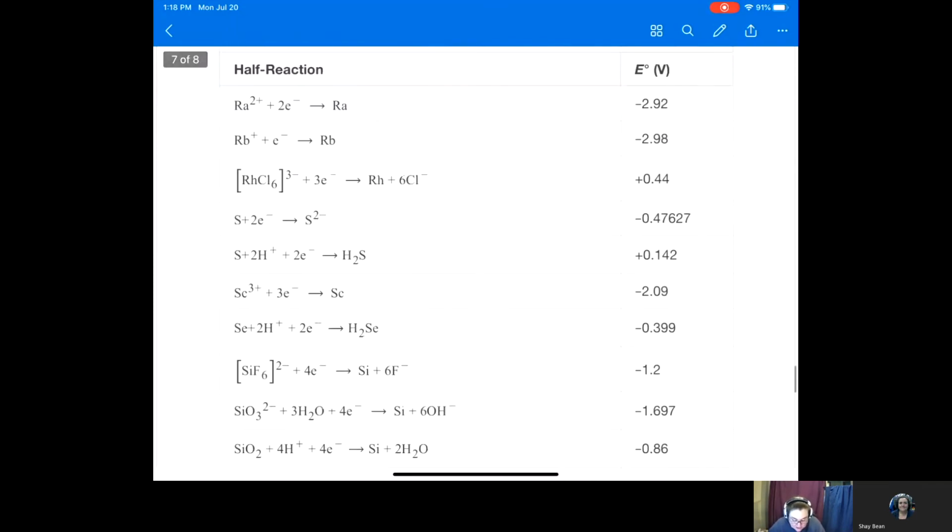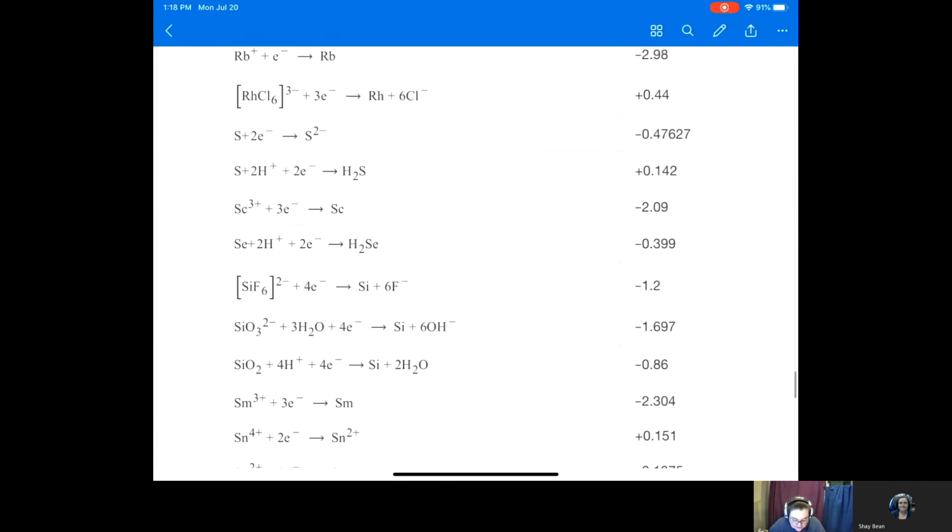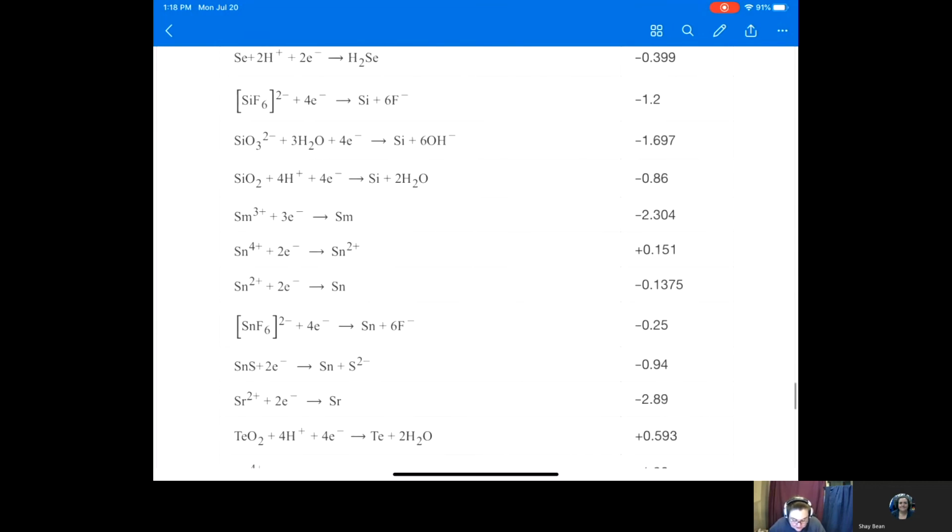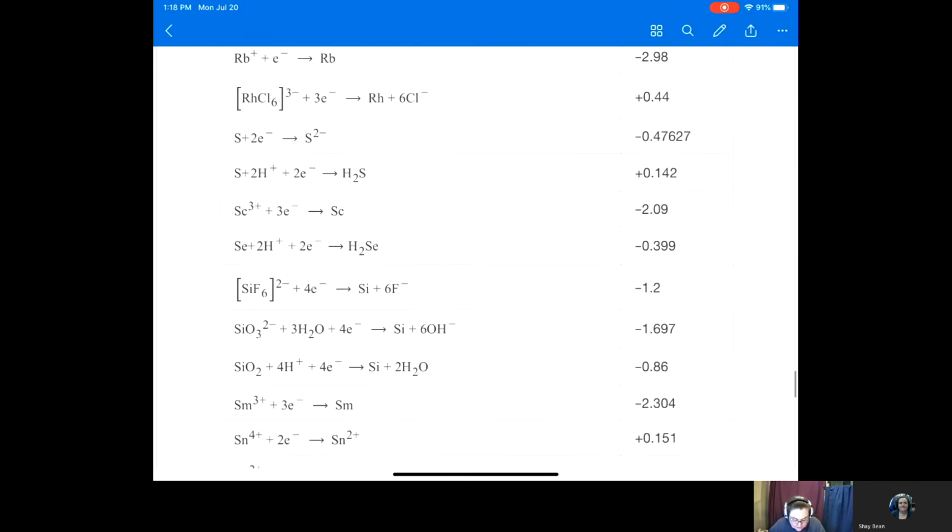If it's not here, if it doesn't happen to be one that's in this table, I'm just out of luck. Yep, it is not one that's in this table. And so I can't double check that half reaction with this table. If I'd chosen it to double check to start with, I would have moved on to the other half reaction.